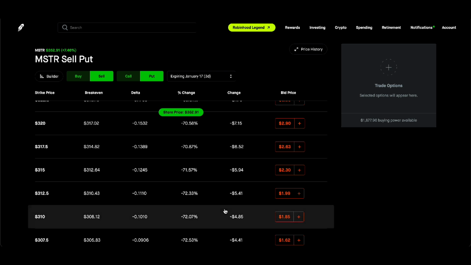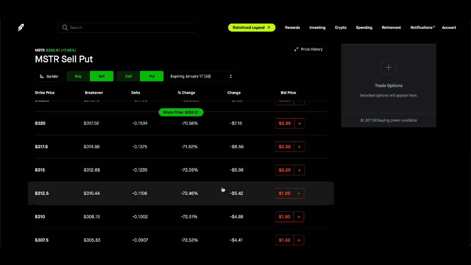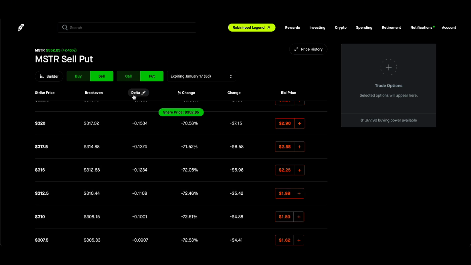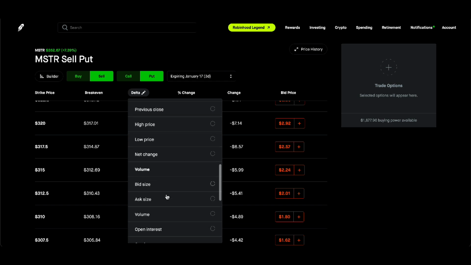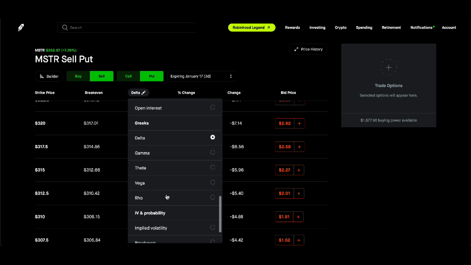The second thing I would look at is the delta value. If you see here, in my Robinhood portfolio, you can select different values: break-even price, IV, bid price, market price, volume, or anything you're interested in.